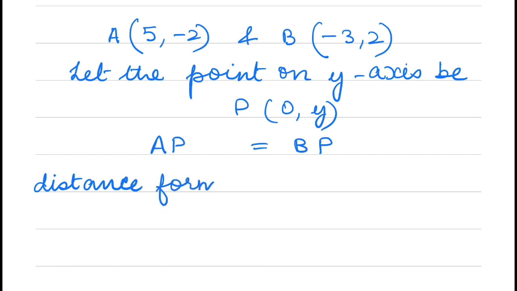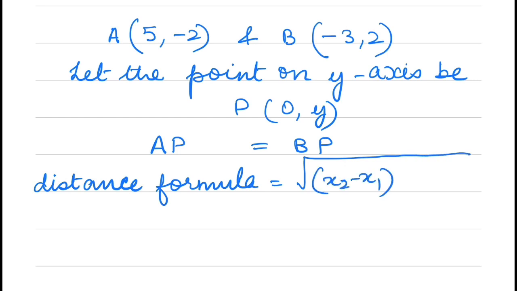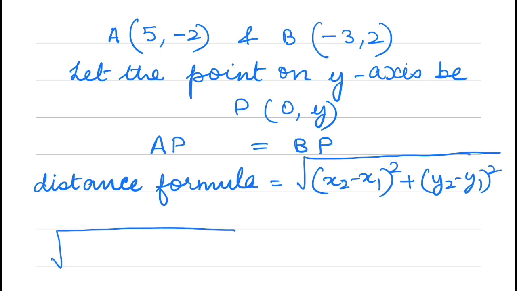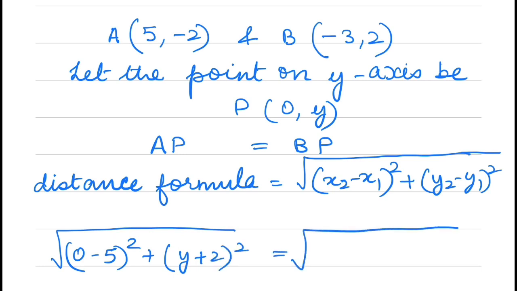We are going to use the distance formula. Distance formula is square root of (x2 minus x1) whole square plus (y2 minus y1) whole square. AP will be square root of (0 minus 5) whole square plus (y plus 2) whole square, and BP is square root of (0 plus 3) whole square plus (y minus 2) whole square.